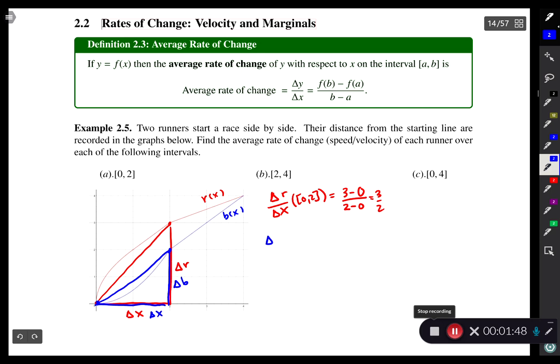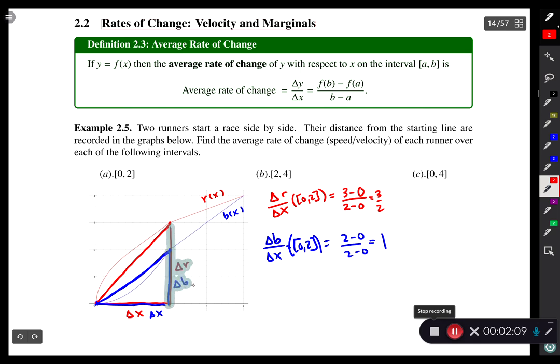So delta b over delta x on the interval from 0 to 2 is going to be 2 minus 0 over 2 minus 0, and that's an average rate of change of 1. So the slope of the blue line here is 1, and the slope of the red line is 3 halves.